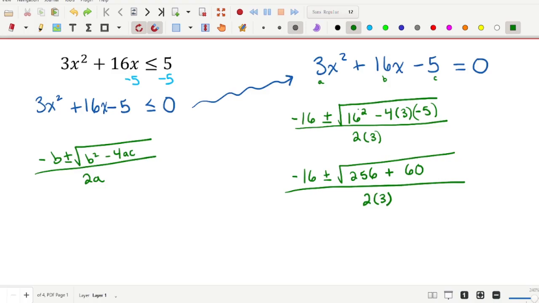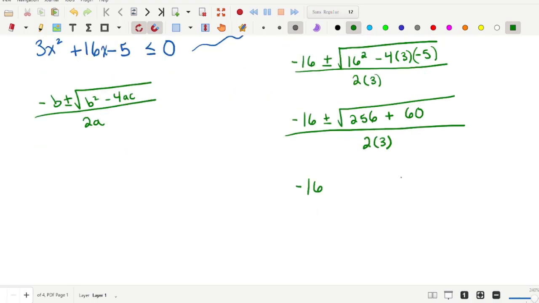Now, 256 plus 60 is 316. I'm going to scroll down a little bit here. Negative 16 plus or minus, and now we have the square root of 316 here, and this is over 2 times 3. Now the fun part happens.